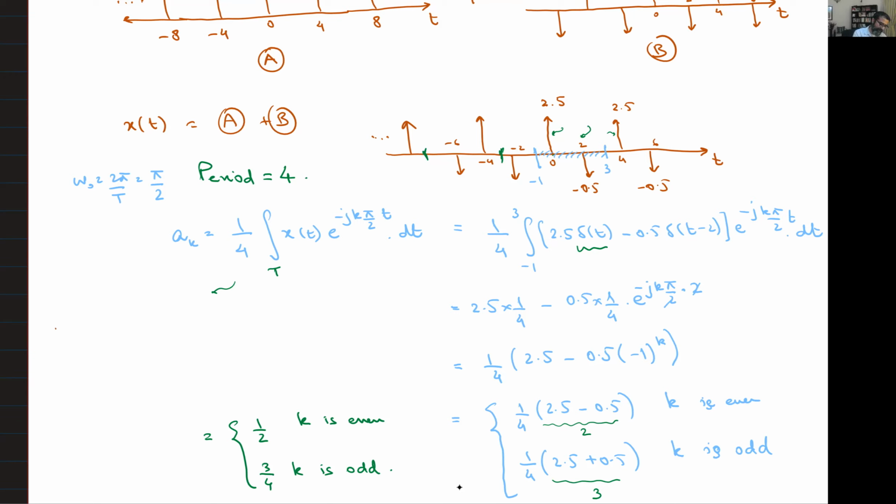Try the limits from, let's say, minus 2.5 to 1.5 and see if you get the same result. And you will find that you indeed get the same result. You should verify that. Okay? Good.